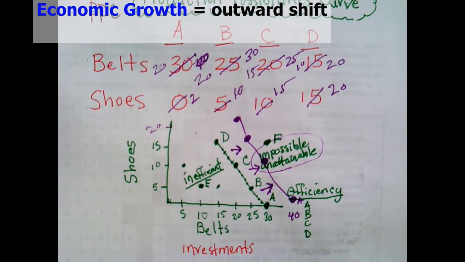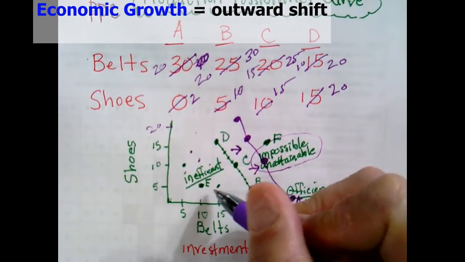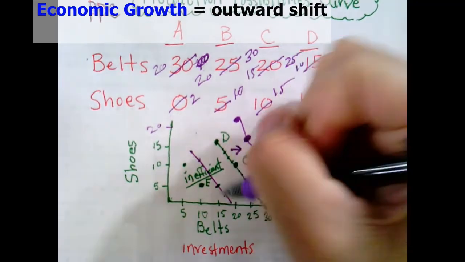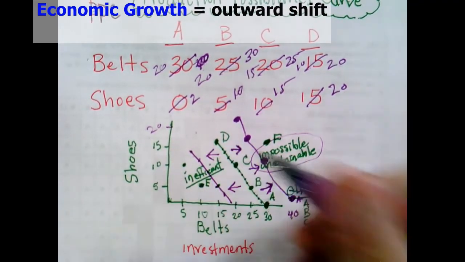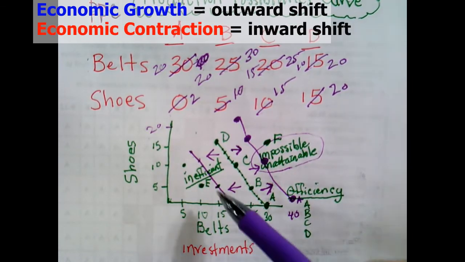So you get the point. You have less resources. The numbers are going to decrease. Our numbers might be over here now, right? And then our curve would have shifted inward. So the point that I'm trying to make to you is an inward shift is a result of a reduction of resources.